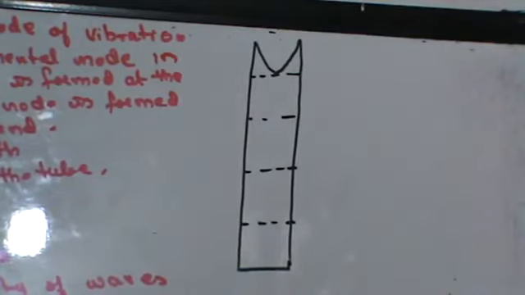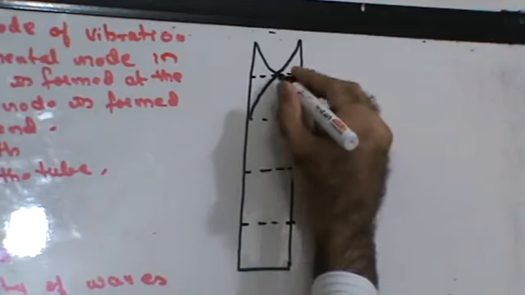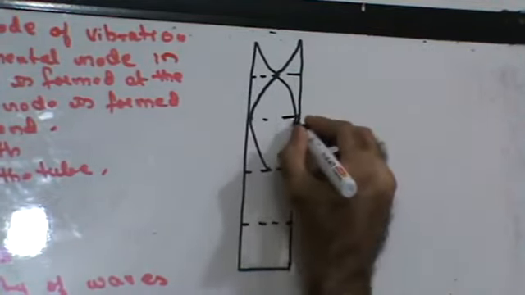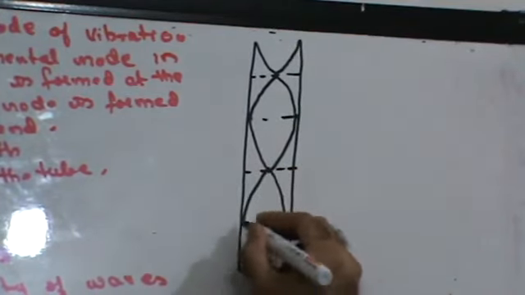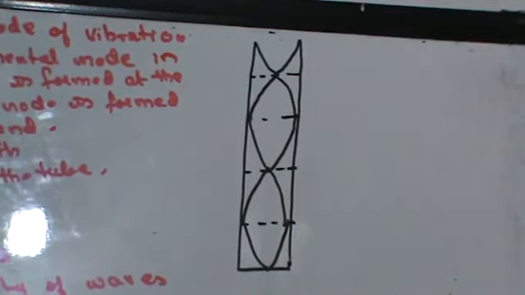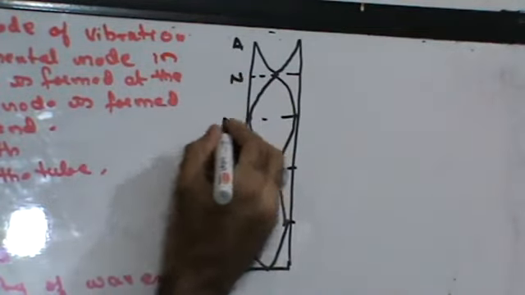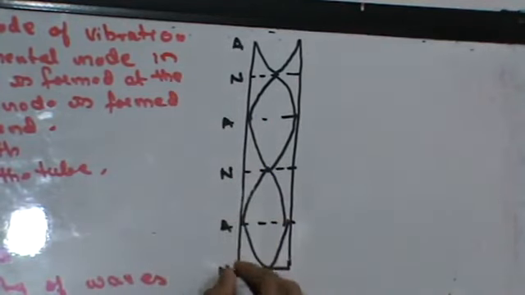Let's consider this particular mode of vibration where you have an antinode, node, antinode, node, antinode and node.